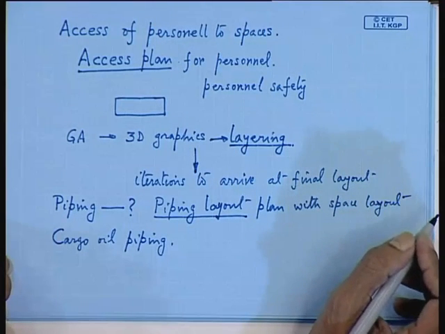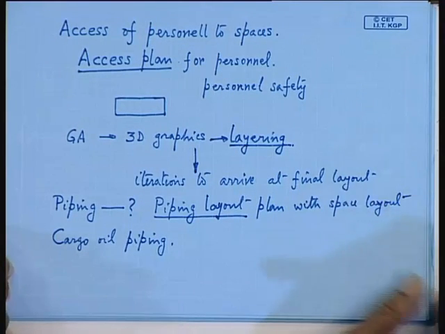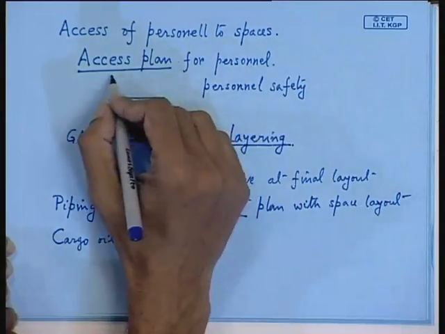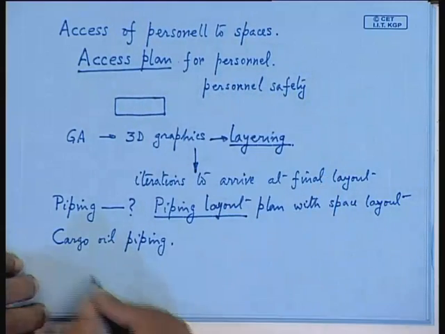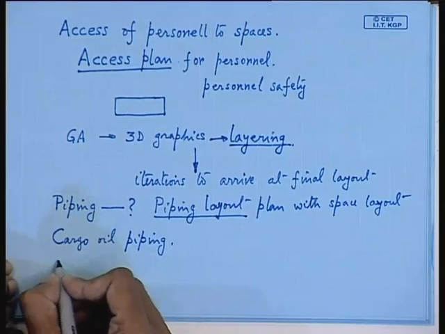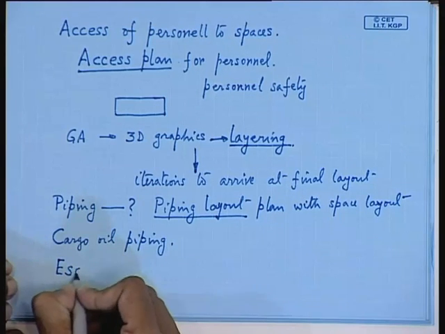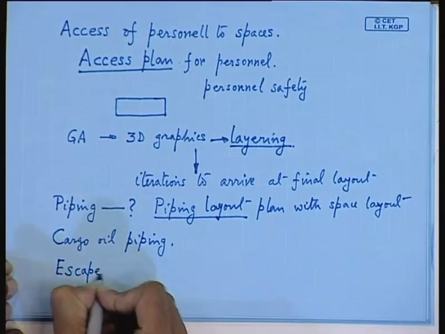This is to be remembered, and after you have designed it, personal safety. This is providing access to all your compartments, and now after your access, you have to devise what are called escape routes.